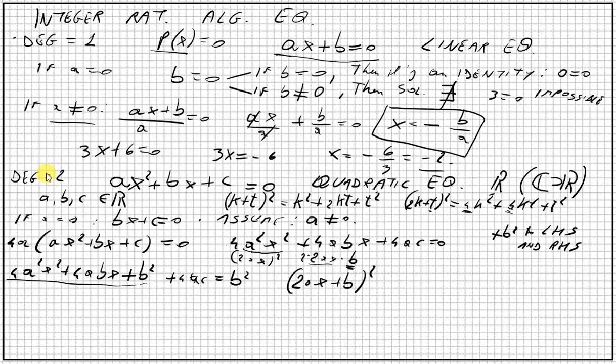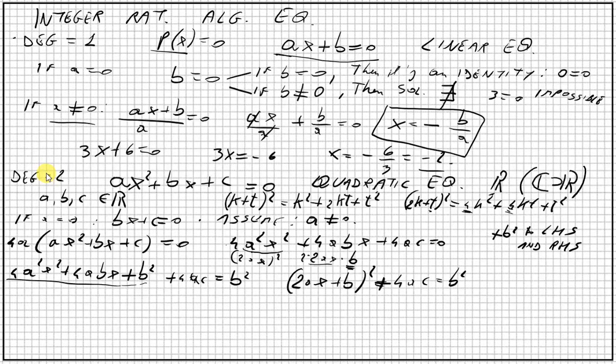Let's verify it. Square of this, 4a squared x squared is there. Product of these, 2abx, but we need to take the double product, so 4abx is there, plus b squared is there. So plus 4ac equal b squared.